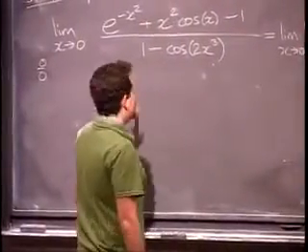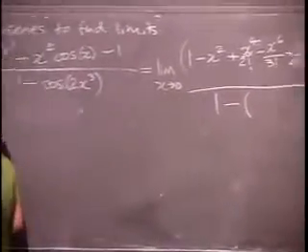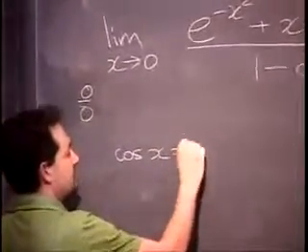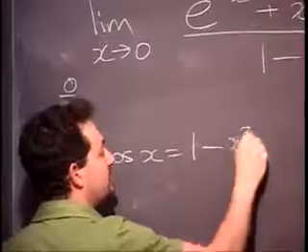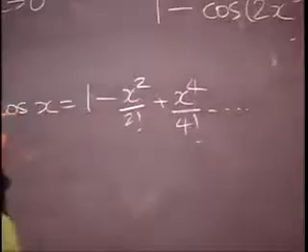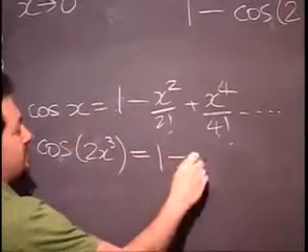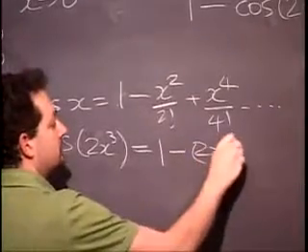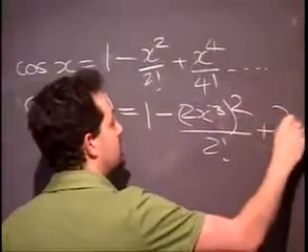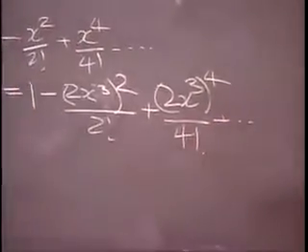All right. On the denominator, I'll have 1 minus cosine 2x cubed. I guess it's worth taking a little extra part. Look, cosine x is 1 minus x squared over 2 factorial plus x to the 4th over 4 factorial, and so on. So cosine of 2x cubed is 1 minus 2x cubed all squared over 2 factorial plus 2x cubed to the 4th over 4 factorial, and so on.